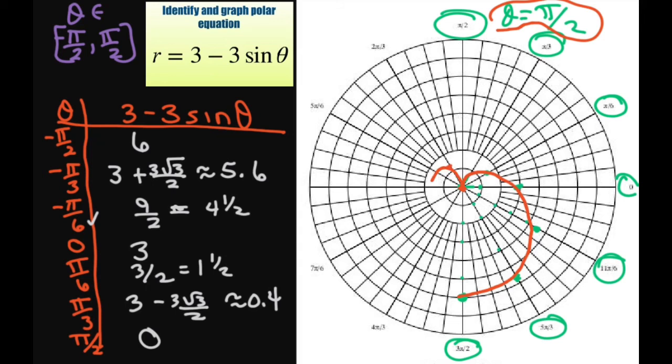Then you're going to match these up, pi over 3. Pick some key points here. This one's going to be, what was that? Oh, that was 4.5. 1, 2, 3, 4.5. So just go through these points here, and there it is. It should look like a heart.